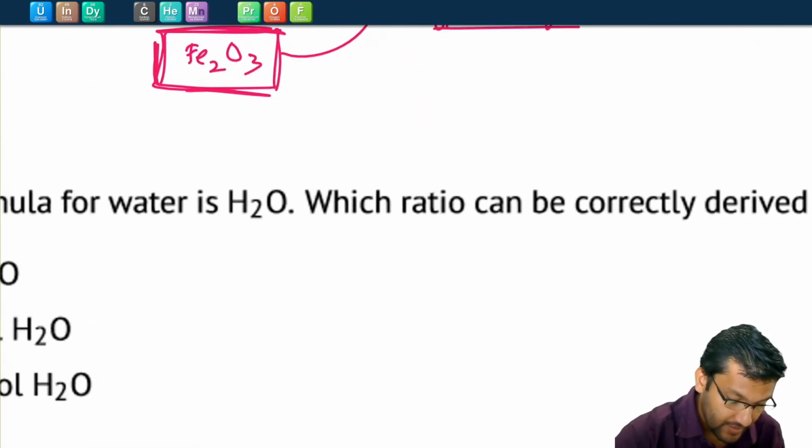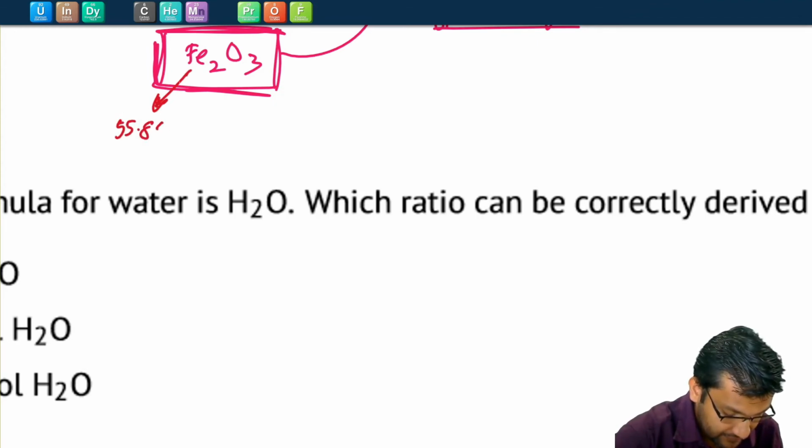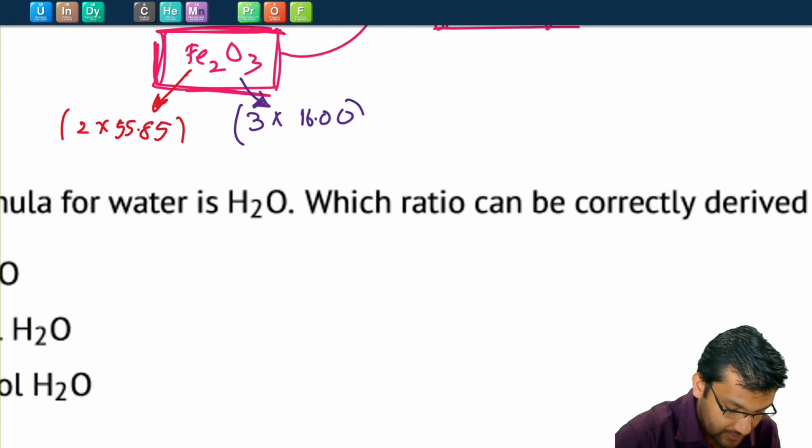Okay, the atomic mass of iron is 55.85, and there are 2 of them in this compound. And the atomic mass of oxygen is 16.00, and there are 3 of them in this compound.